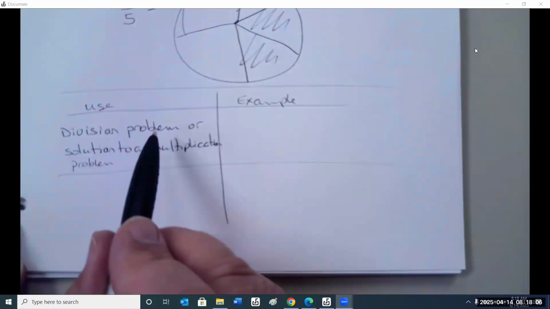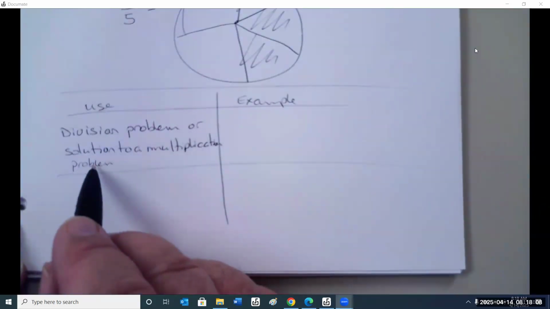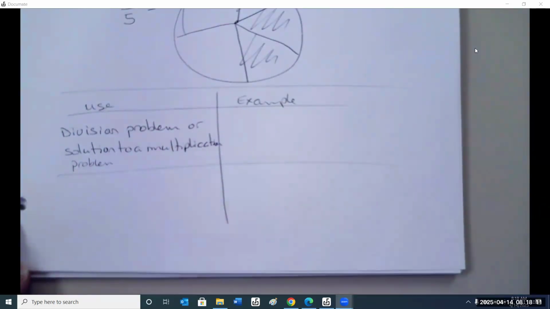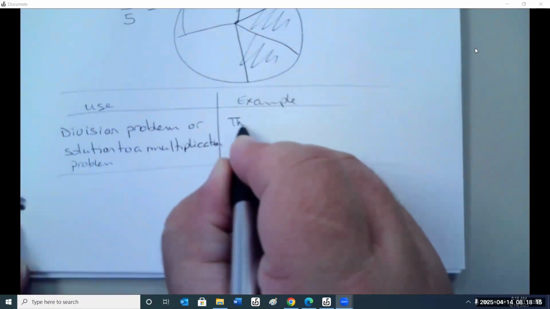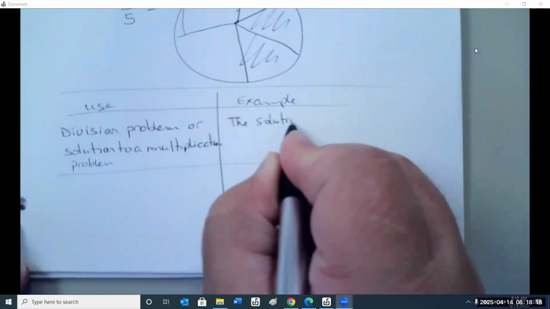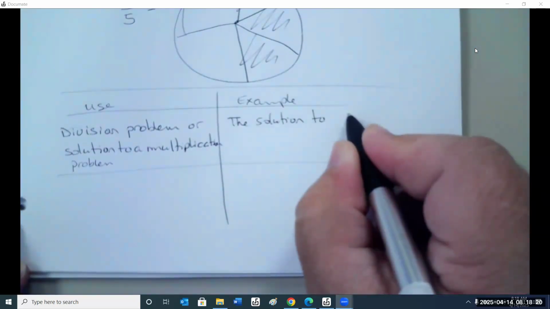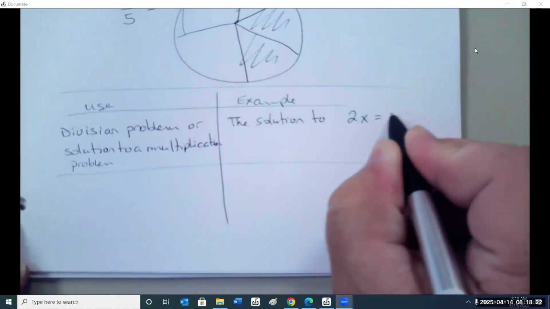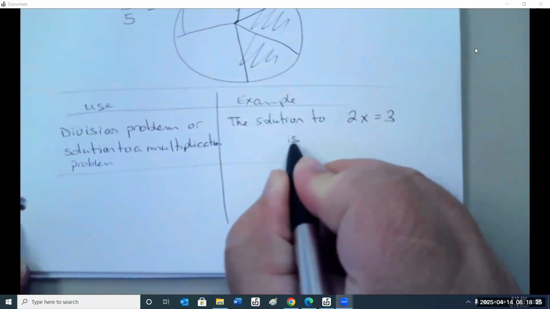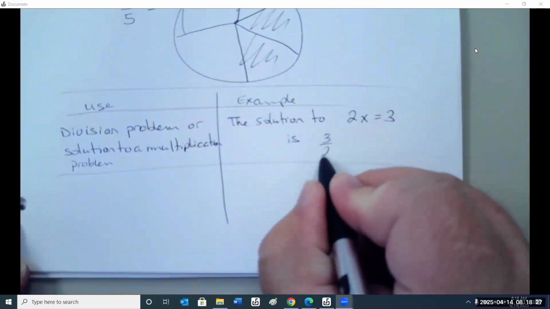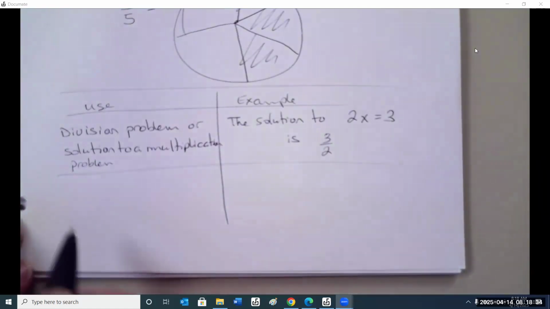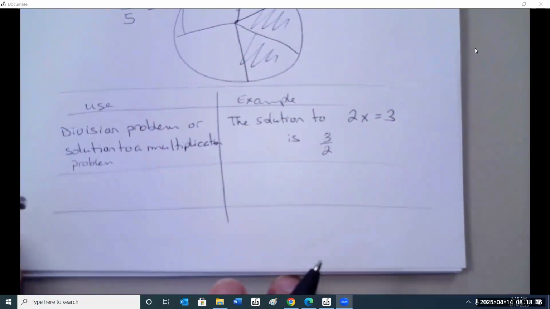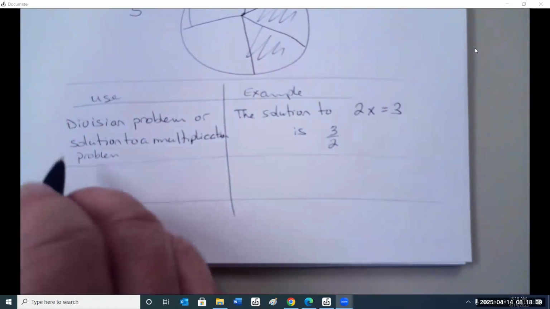The division problem or the solution to a multiplication problem. The solution to 2x equals 3 is 3/2. That's one use for fractions.